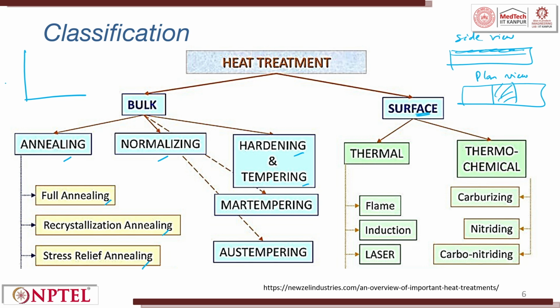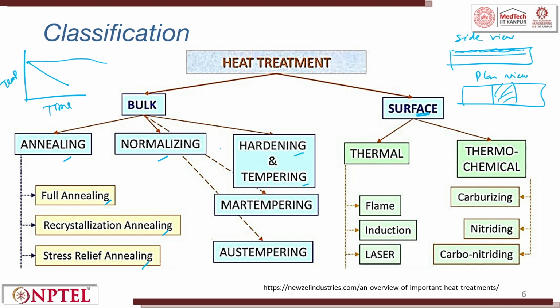Here it is a temperature versus time plot. I heat it to a certain temperature, then I quickly cool it, I slowly cool it, or I heat it and then instantly quench it into water or something. All these are used for bulk heat treatment.